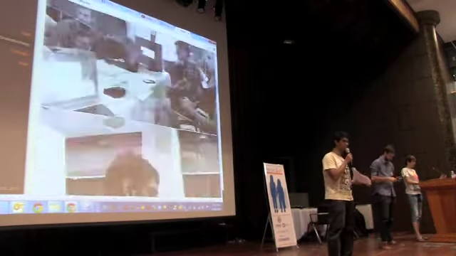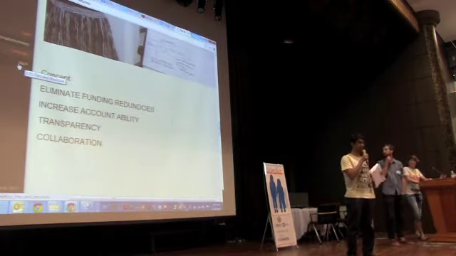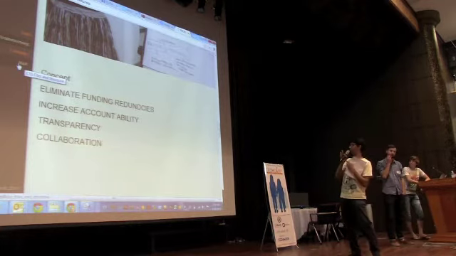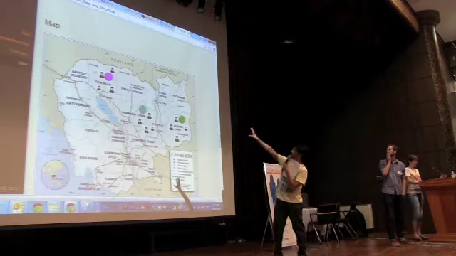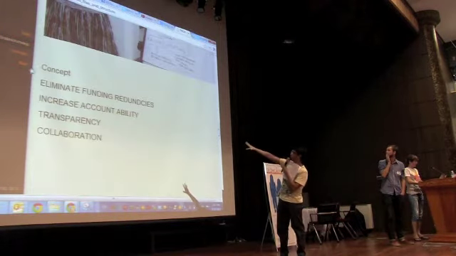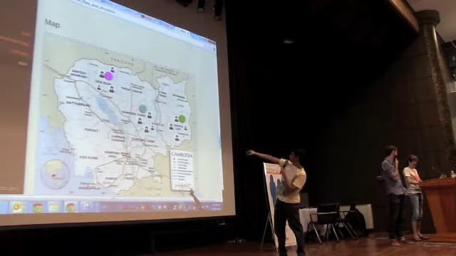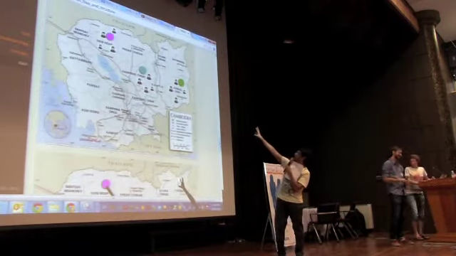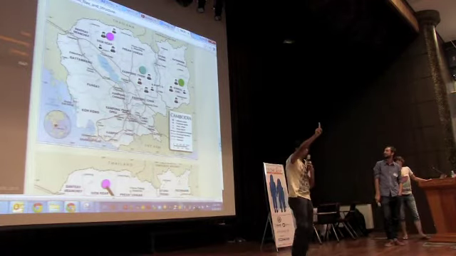So in terms of programmatic reductions in redundancies, what that helps us do is it helps NGOs allocate resources better. How does it do that? Let's go to the map, okay? So over on the map, we see that Siem Reap has got 4 people, Kampong Thom has got 3 people. Let's assume that Kampong Thom only had 1 person.